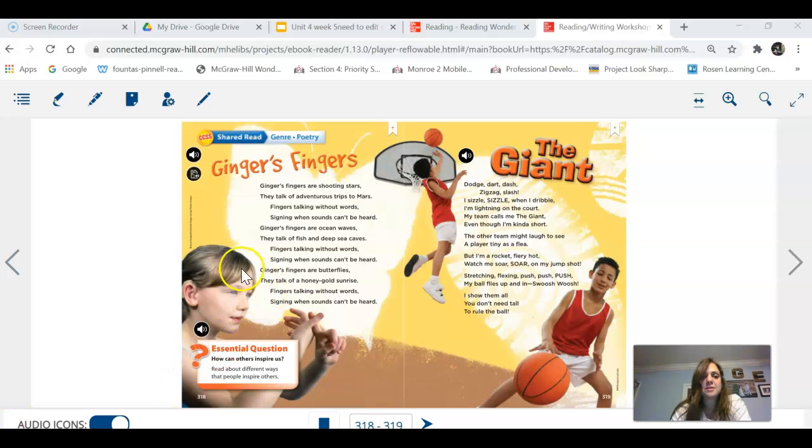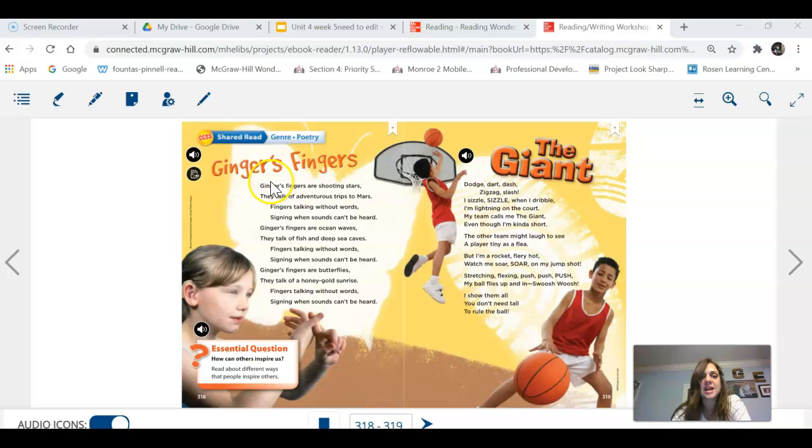This poem is telling about Ginger's fingers and how she uses her fingers to form words. So that tells us that Ginger uses sign language to communicate. And I see 2 lines, 2 lines, 2 lines, 2 lines, 2 lines, 2 lines.